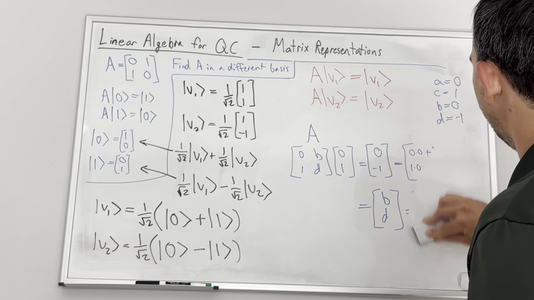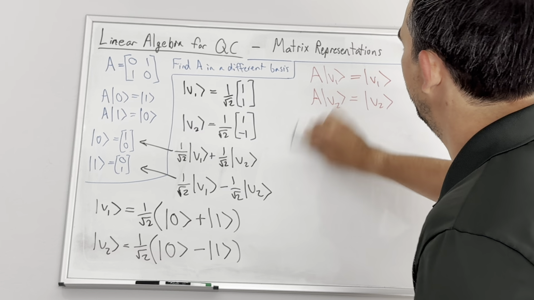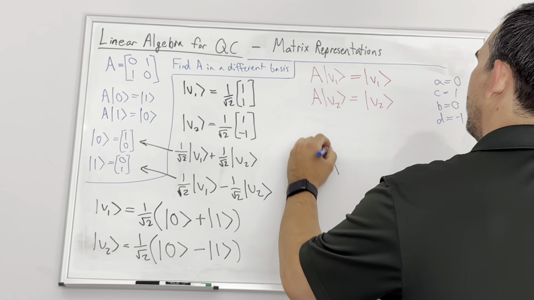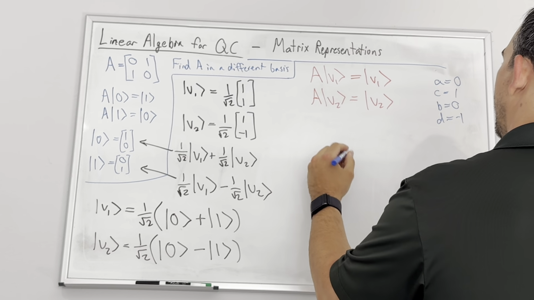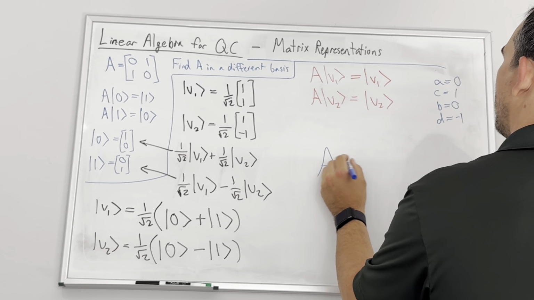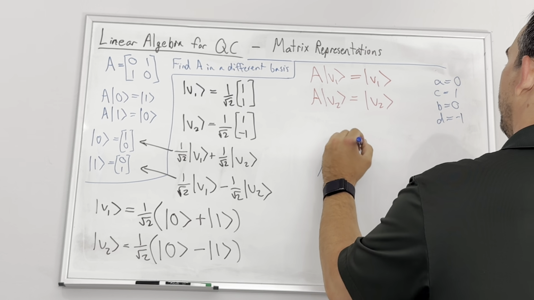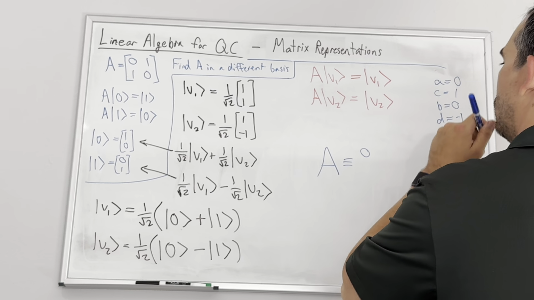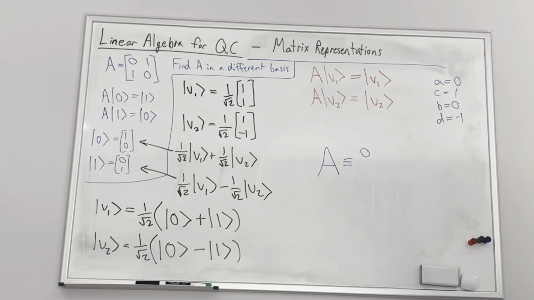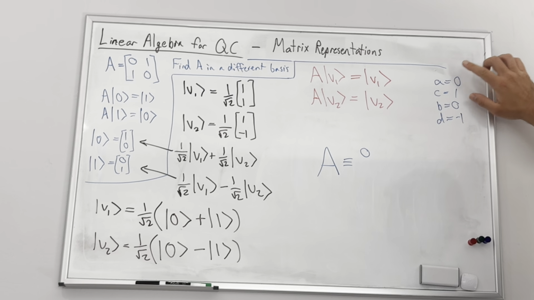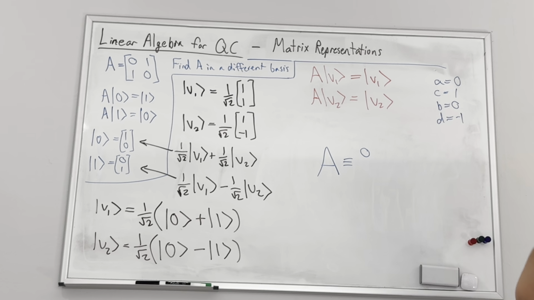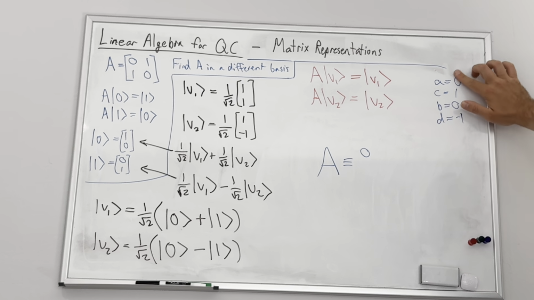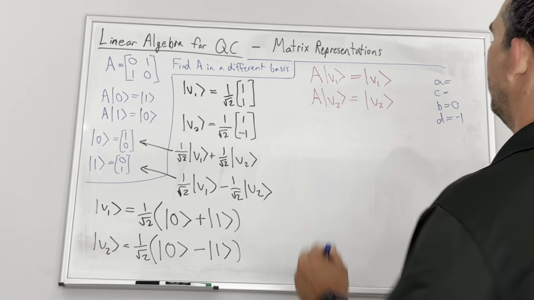Therefore, in our brand new basis, we can rewrite matrix A as being equivalent to 0, just making sure I got my stuff right. You know, I got my A and C mixed up, so let's do that one more time.